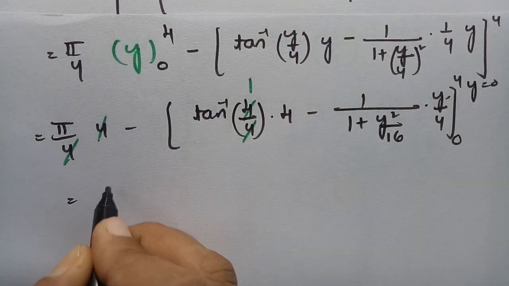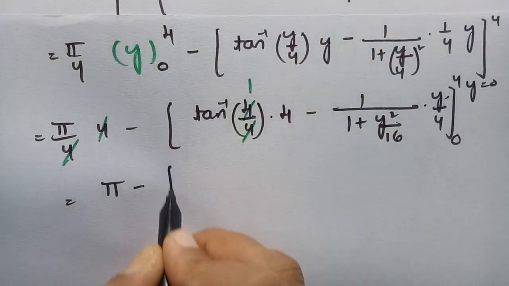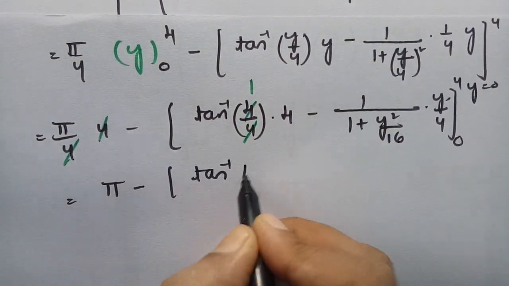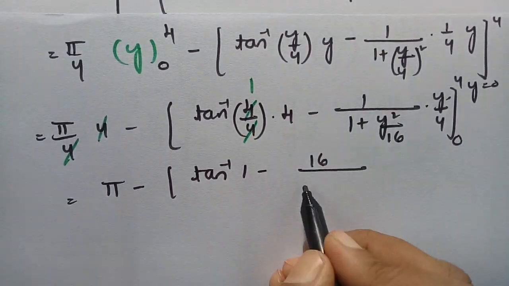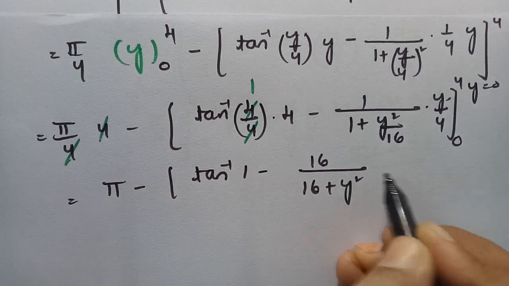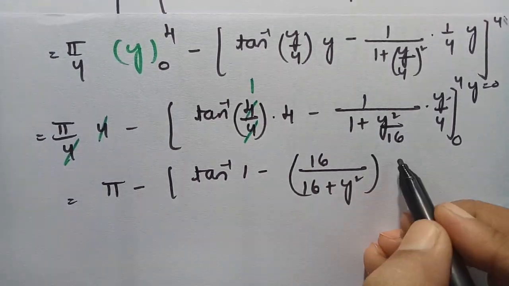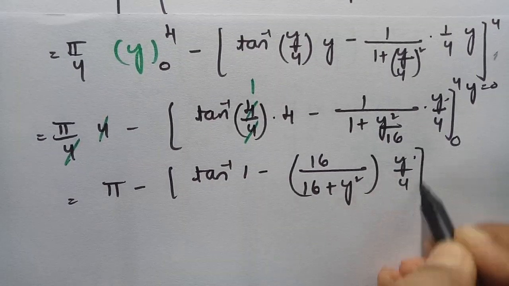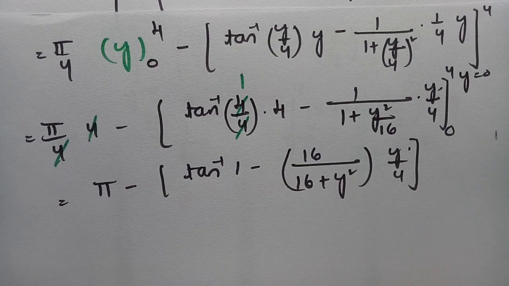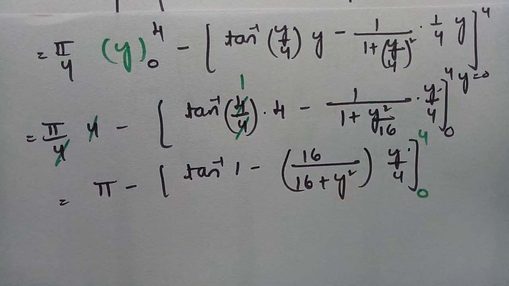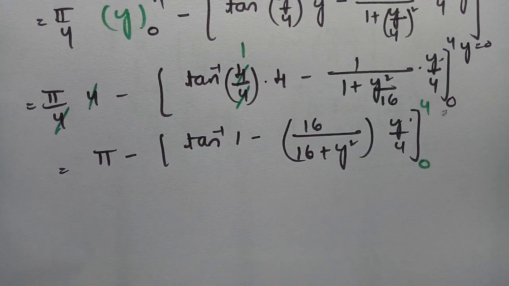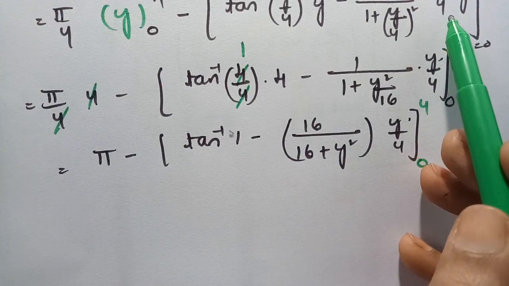If I cancel, this will be pi minus tan inverse of 1 minus, if I send 16 to the numerator, this will be 16 plus y square, and this is y by 4 between the limits 0 to 4. And there is another y here, so this is y by 4.